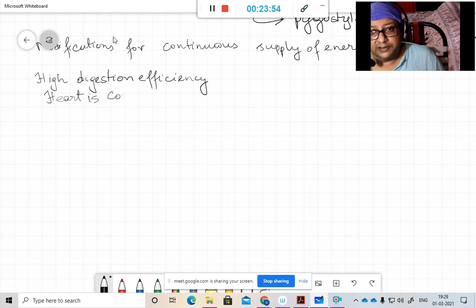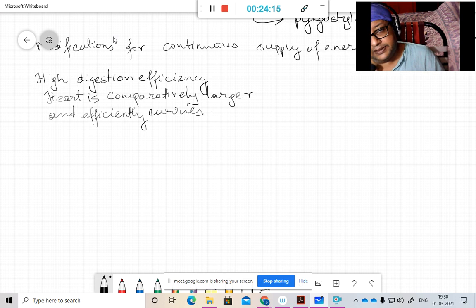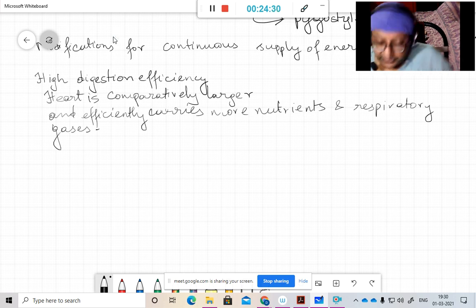The heart is comparatively larger, and efficiently carries more nutrients and respiratory gases.